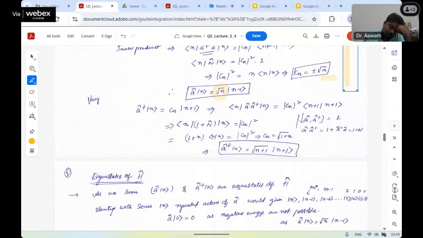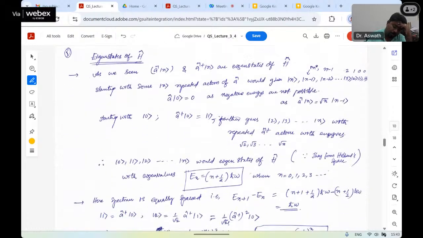Cn happens to be the square root of 1 plus n. So again, the harmonic oscillator states n cannot be eigenvectors of A dagger, because I am getting two different vectors on both sides. But I can use this relation later on, which is very important.